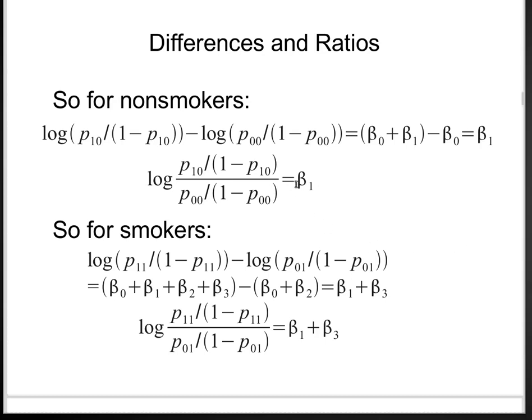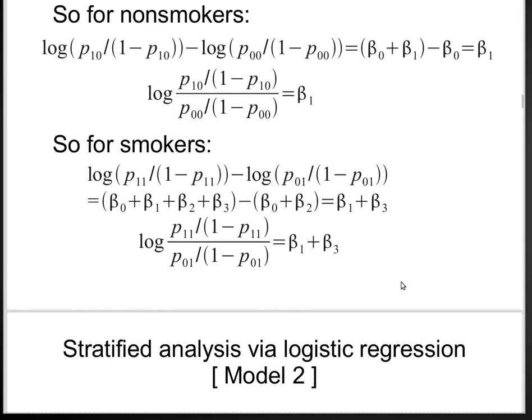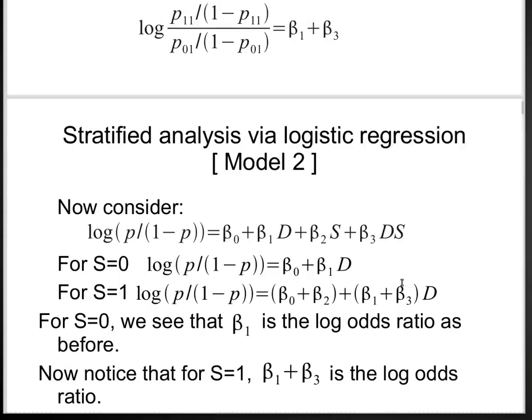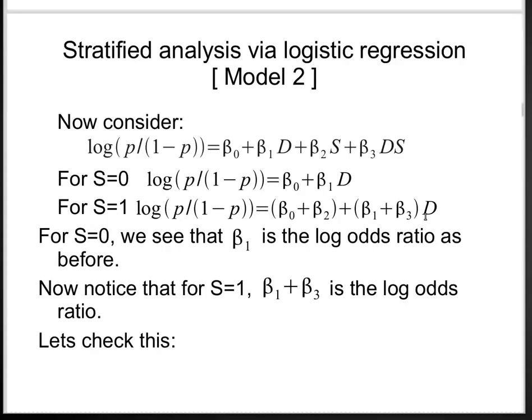So now we can interpret beta 1. That's pretty straightforward. You just got that. What about the setup here again? Let's revisit this from a slightly different point of view and specialize the equation in a slightly different way. Let's just specialize the equation for just the non-smokers and just the smokers.